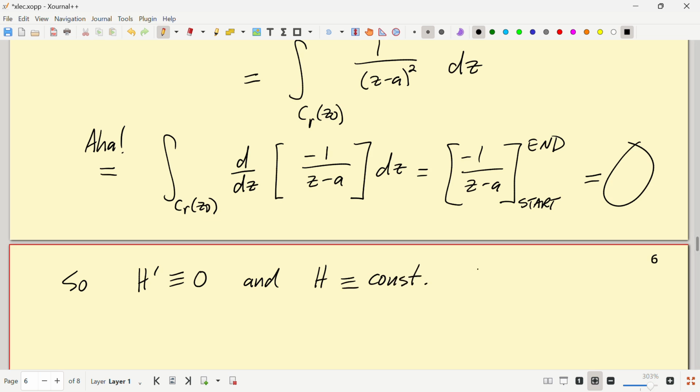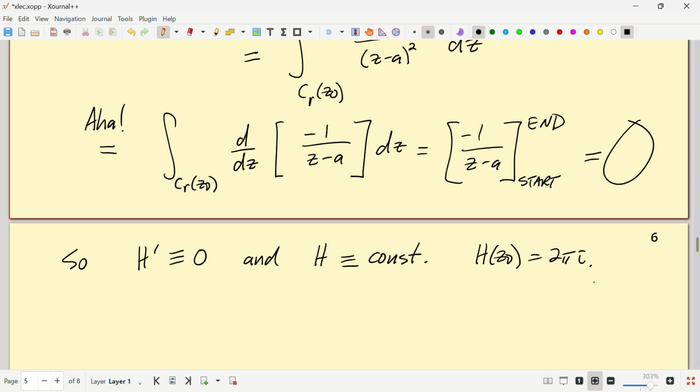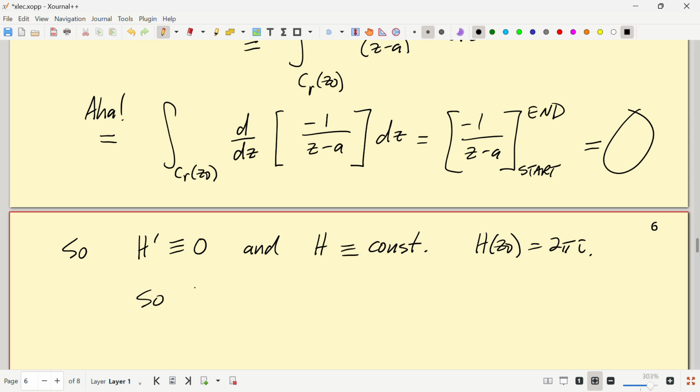But the constant h of z naught is equal to 2 pi i, so that constant is identically 2 pi i. So that gives me the Cauchy integral formula.